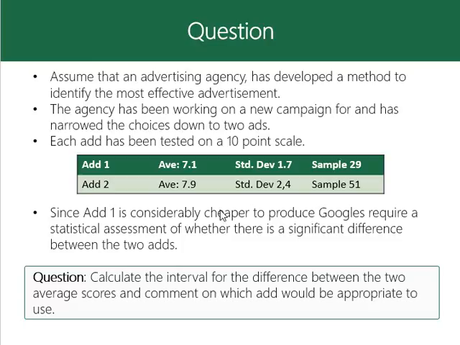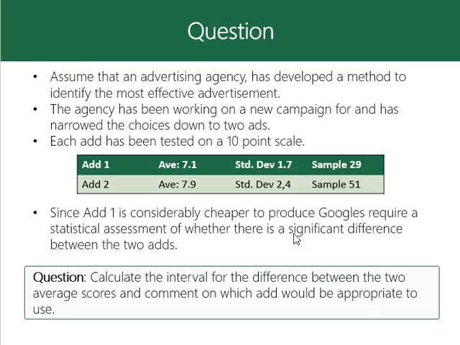So ad 1 had an average of 7.1, a standard deviation of 1.7, and a sample of 29, whereas the second ad has the data you can see below here. There is a difference in the sample size. Sometimes when the respondents are difficult to get or very expensive, which is often the same thing, then typically we don't have a huge sample. That is why those two samples are not equal.